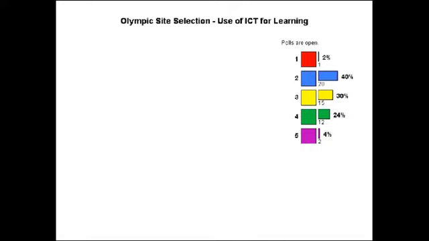Besides, the next step they use ICT in the project is to write or to type their letter of recommendation to the Olympic Committee. And that is also a real use of ICT in my opinion, because nobody these days would use a pen and a piece of paper to write a letter of recommendation. So I think it's a real life use of technologies.